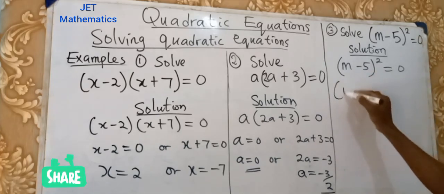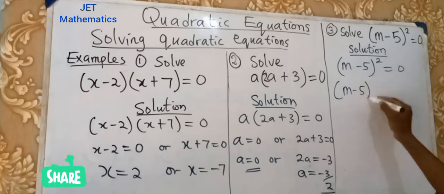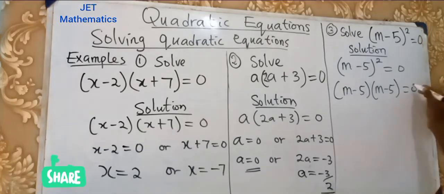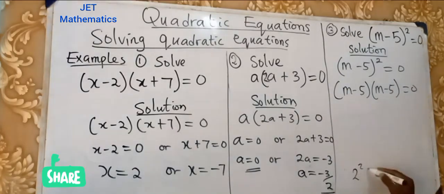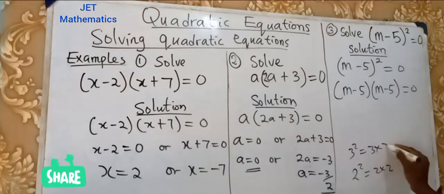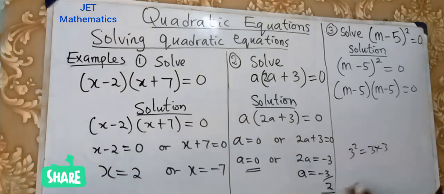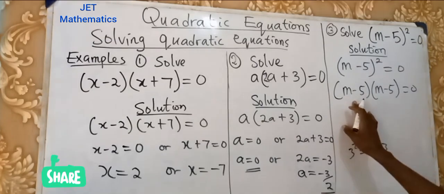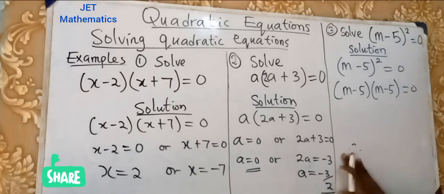This means we can write (m minus 5) multiplied by (m minus 5), since it's squared. Because you remember that 2 squared is the same thing as 2 times 2, 3 squared is the same thing as 3 times 3. So if this is true, then (m minus 5) squared will be (m minus 5) times (m minus 5).